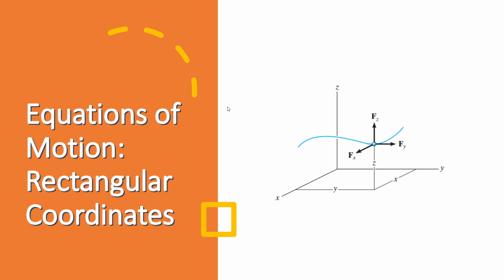Okay, so let's now apply the equations of motion for a particular type of frame of reference, which is the rectangular coordinate system. Of course, this frame of reference must be an inertial reference frame.